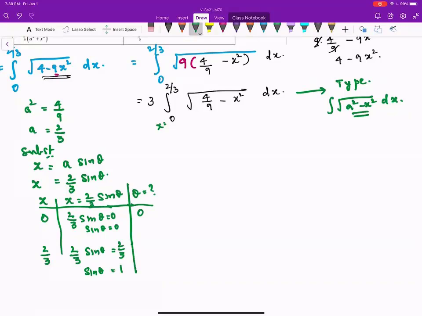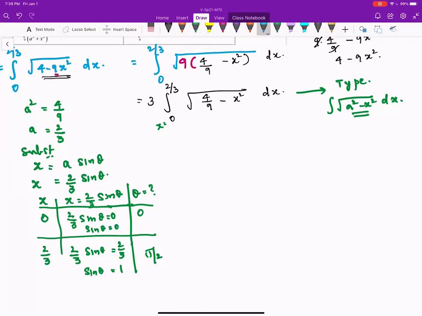If sine theta is 1, theta equals pi by 2. So the lower limit 0 of x corresponds to 0 for theta. The upper bound 2/3 of x corresponds to pi by 2 for theta.